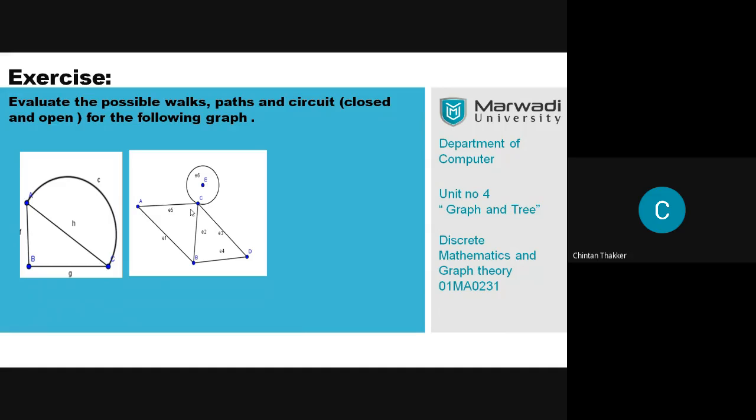You have to write one walk from A to C of length 5. Length 5 means you have to use 5 edges.